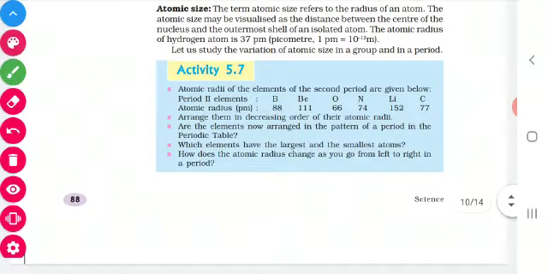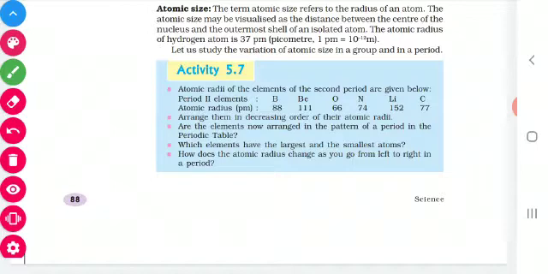Then you have to arrange them in the decreasing order of their atomic radii. Which is having the least atomic radius? Lithium, everything is given now, so you have to arrange in the decreasing order of their atomic radii.